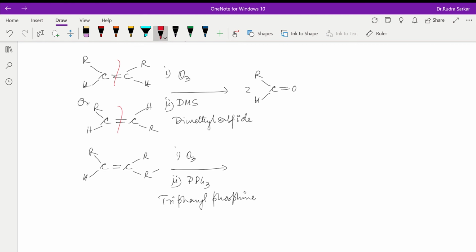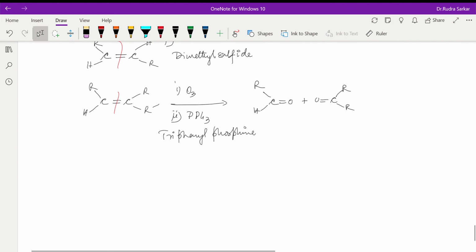So again, it acts as a reducing agent. So your answer over here will be one aldehyde and the other one is your ketone. Okay.